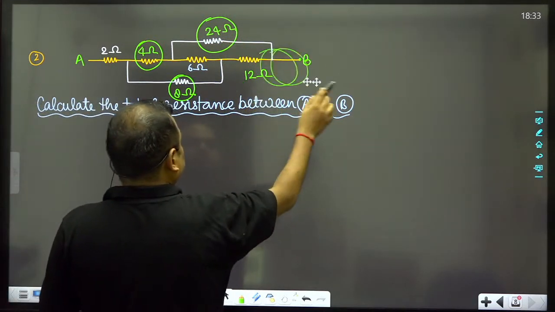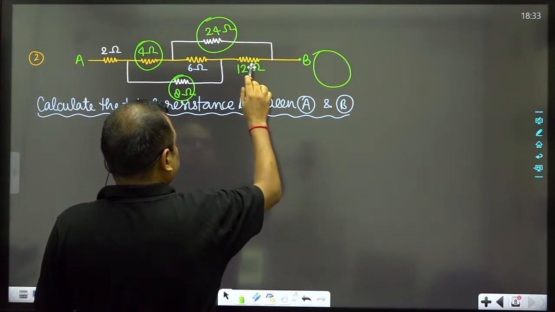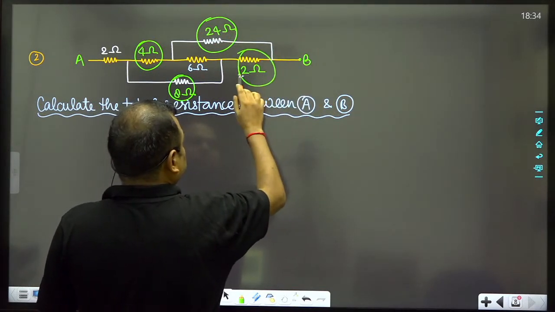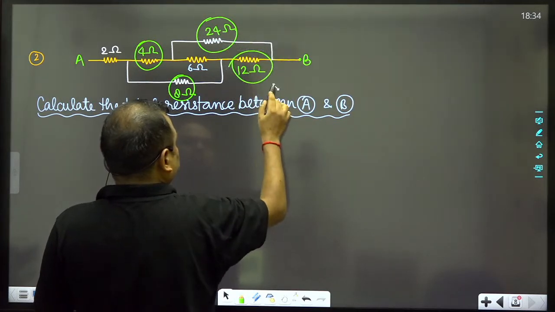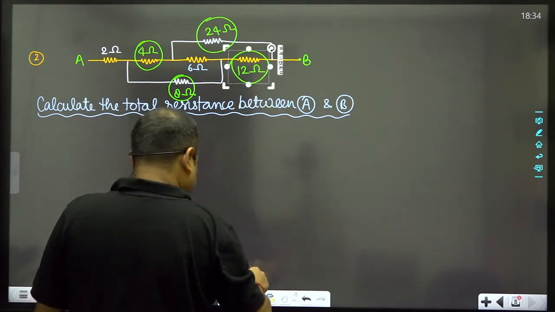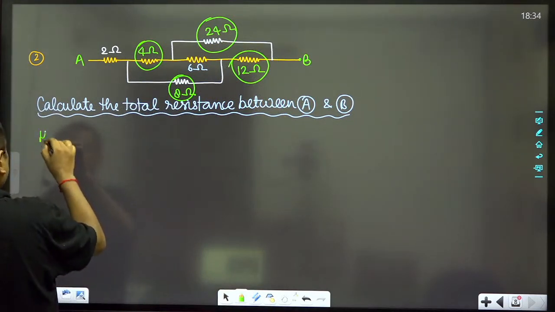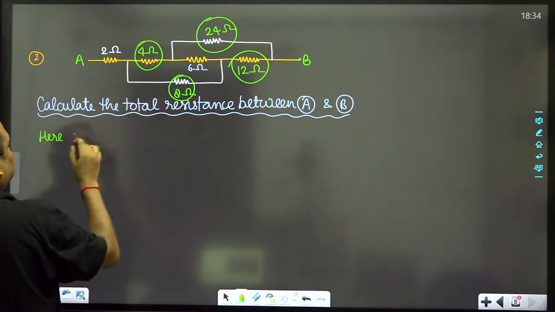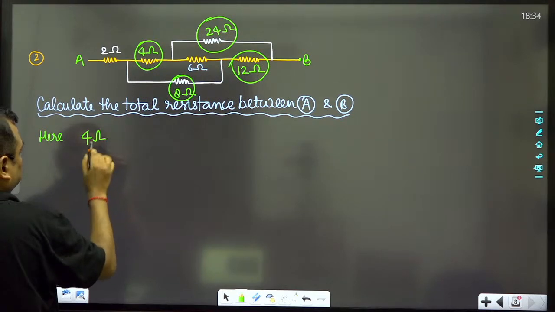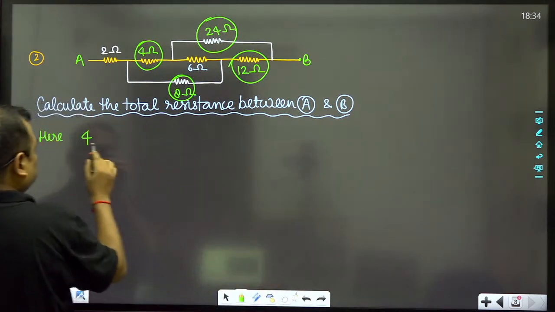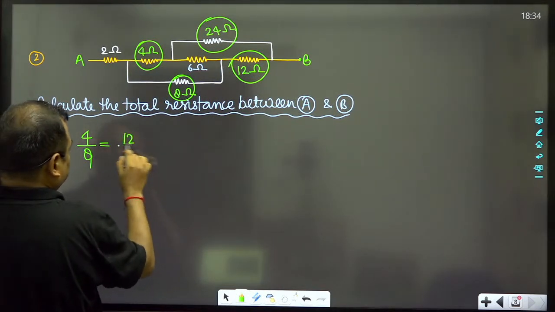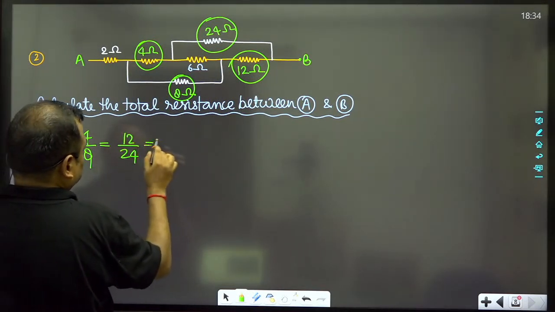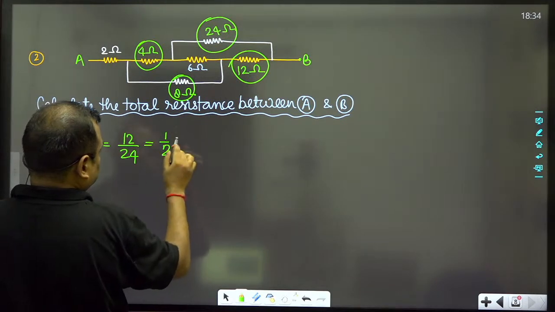So the ratio of these two things is equal. Here, 4 upon 8 is equal to 12 upon 24, and this is equal to 1 by 2.